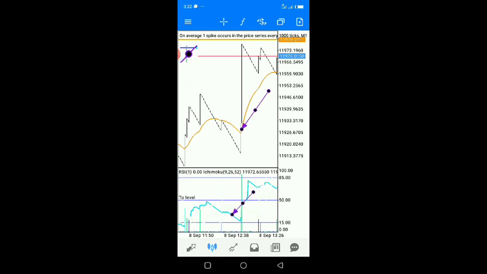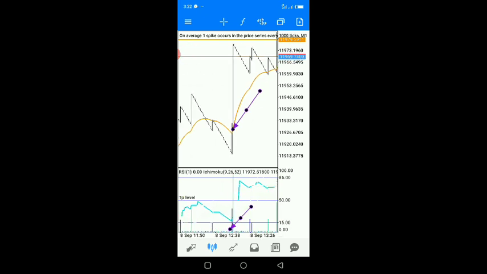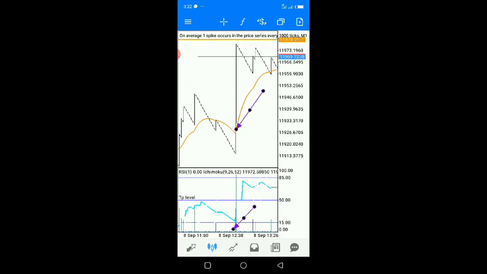Once we see the Ichimoku coming down to this 15 RSI level, we watch the market facilitation index to see if it is below the 15 RSI. Once it's below this 15 RSI and they are very small, like this, look at where the arrow is pointing.